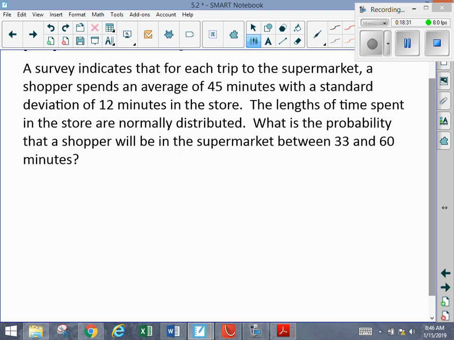The length of time spent at the store is normally distributed. What is the probability that a shopper will be in the supermarket between 33 and 60 minutes? So first thing, they told me average, which is our mean. They told me standard deviation was 12.